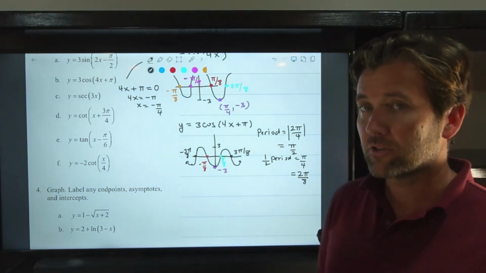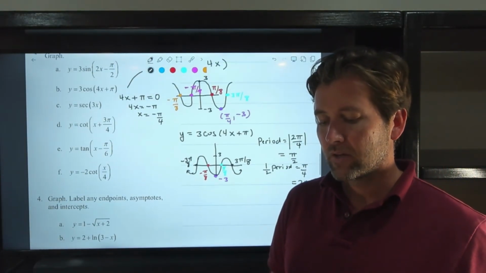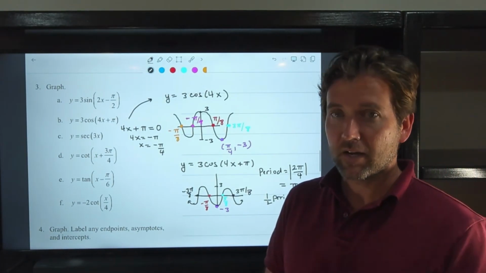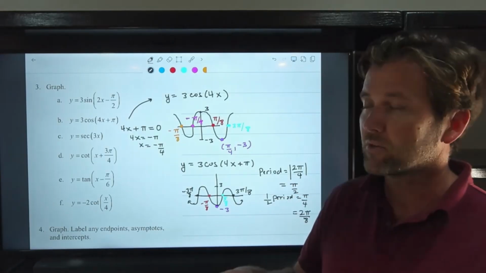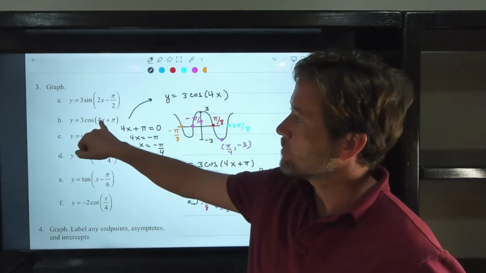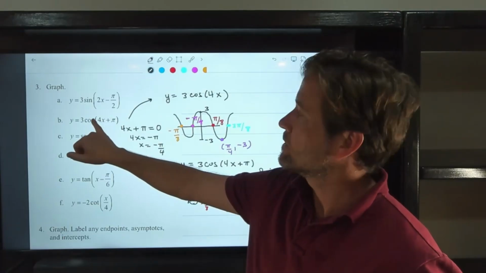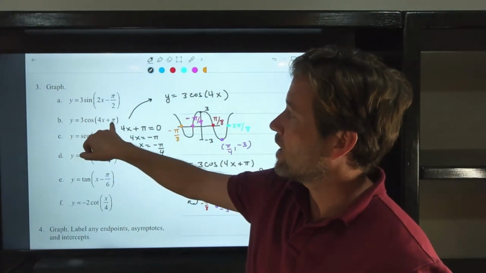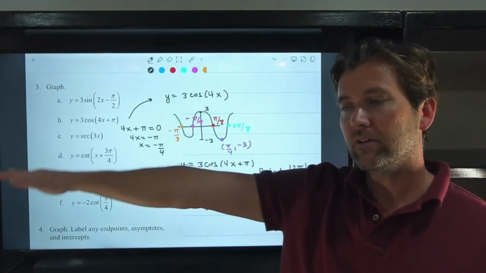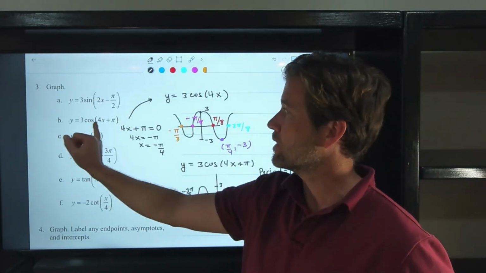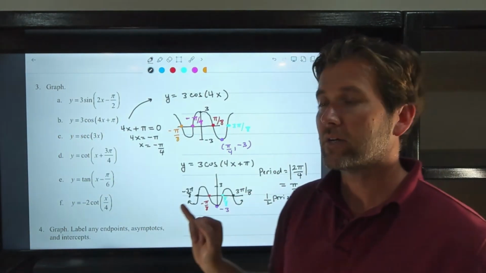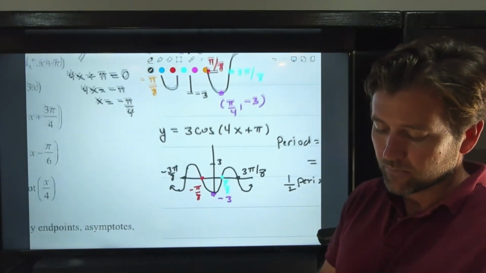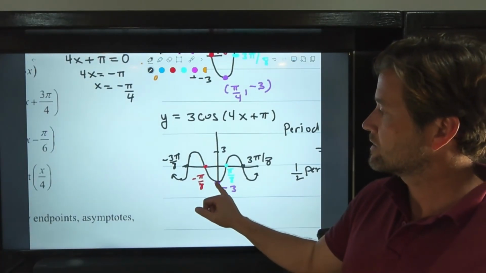All right, the other way of doing this problem is how I did part A. I'll just briefly explain. You plug in 0 for x first to find the y-intercept. So you get the cosine of pi. So here's the angle pi. The cosine of that angle is negative 1, times 3 is negative 3. So then we know the graph has a y-intercept of negative 3.